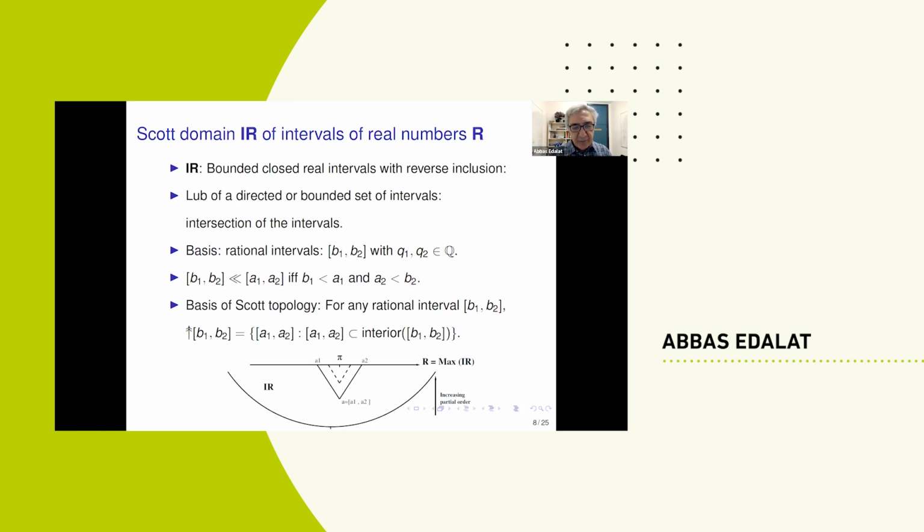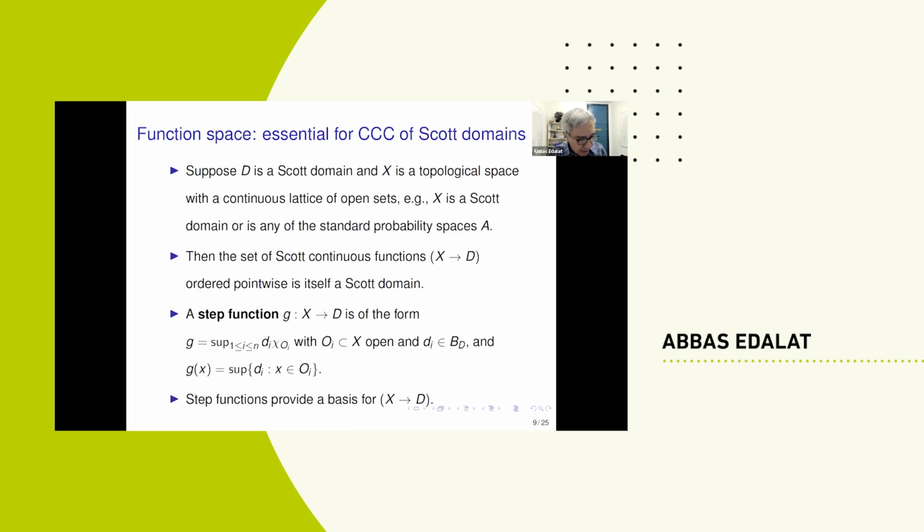And the basic Scott topology in this simple partially ordered set is that you just fix a rational interval B1, B2, and you look at all the intervals that are in the interior of this rational interval. And that forms a Scott open set. So it's a picture, and as I said, going upwards gives you the direction of increasing information.